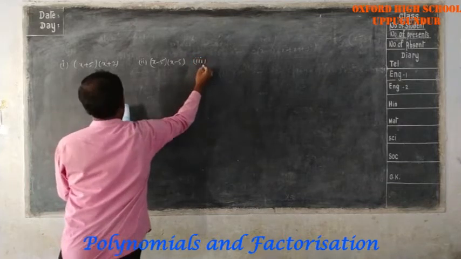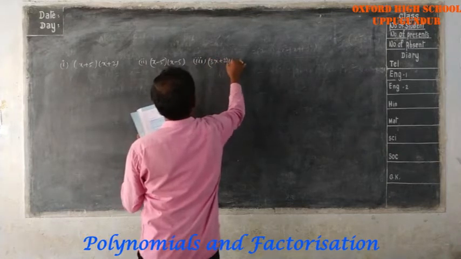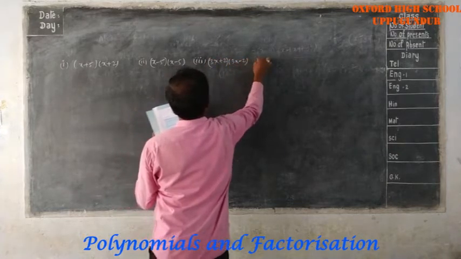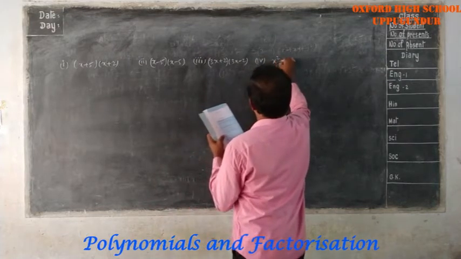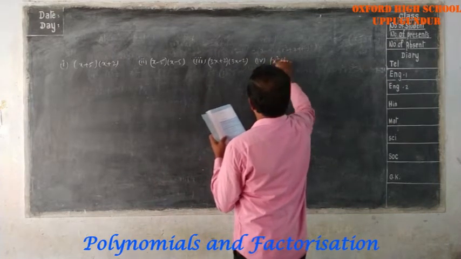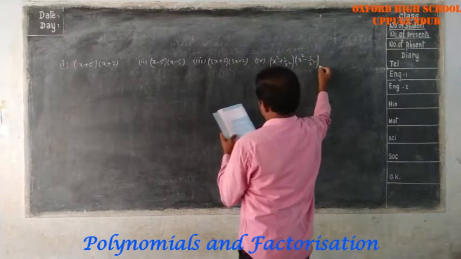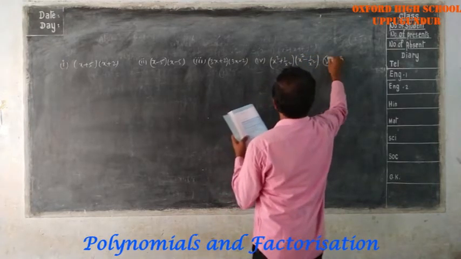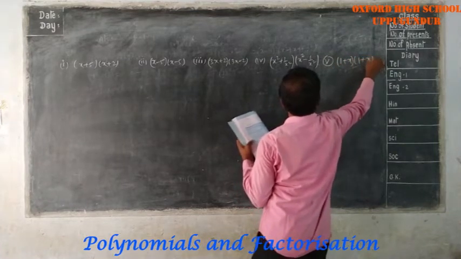Third one, (3x plus 2) of (3x minus 2). Fourth one, (x square plus 1 by x square) of (x square minus 1 by x square). Fifth one, (1 plus x) into (1 plus x).